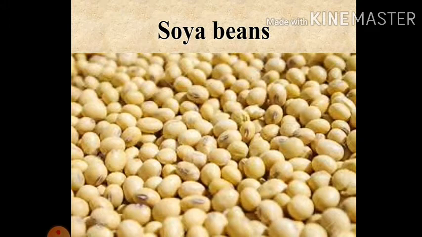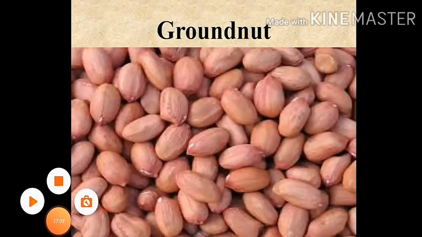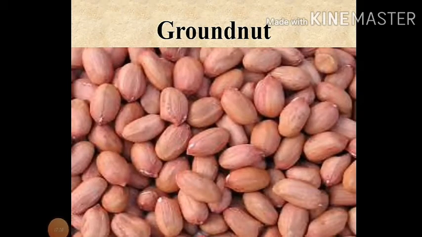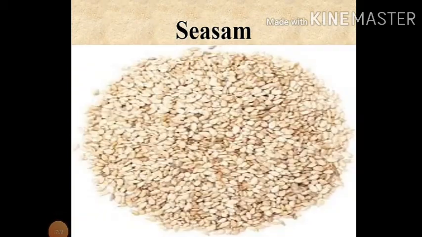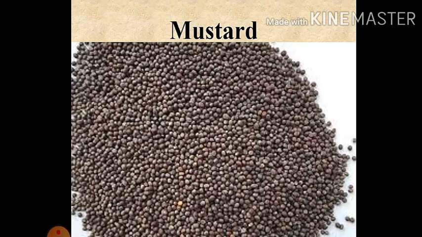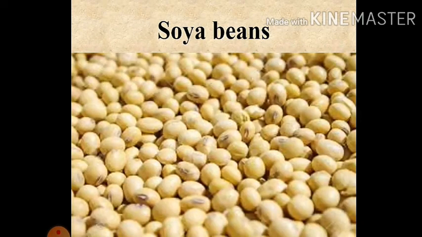The seeds which release oil when you break them, when they are broken into pieces or make a paste, are known as oil seeds. Let's see examples again of oil seeds: groundnut, sesame, mustard, sunflower seeds, soya beans. So these are a few of the examples of oil seeds.